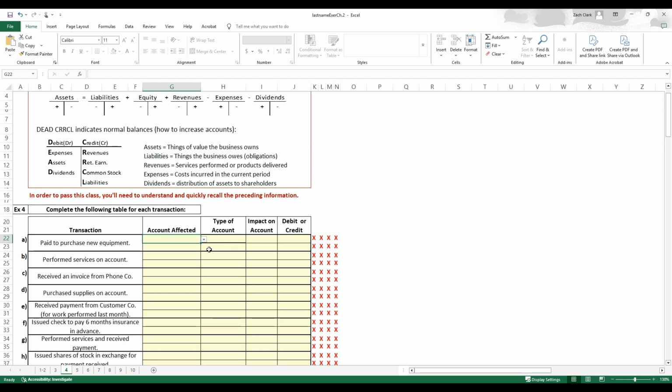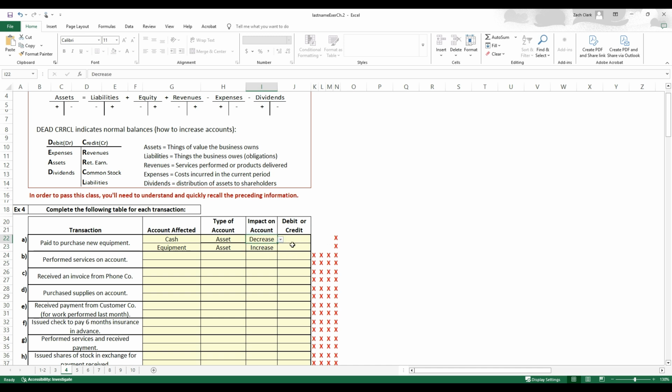So if we say we're going to be paying to purchase new equipment, cash is going to be one part of that, and then equipment will be the other side of the entry there. Cash is an asset account. Equipment is also an asset account. Cash is going down. Equipment is going up.